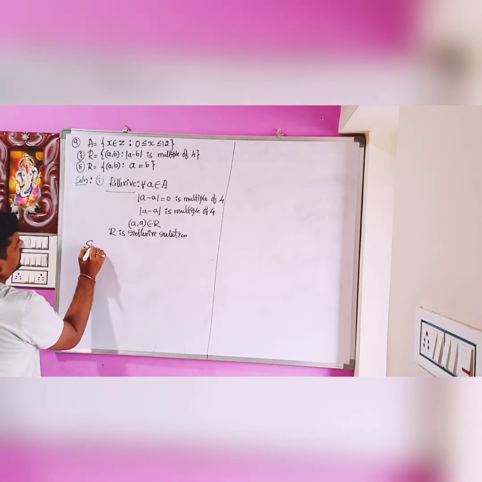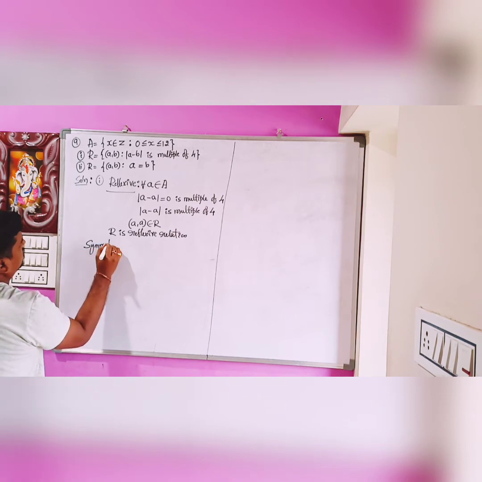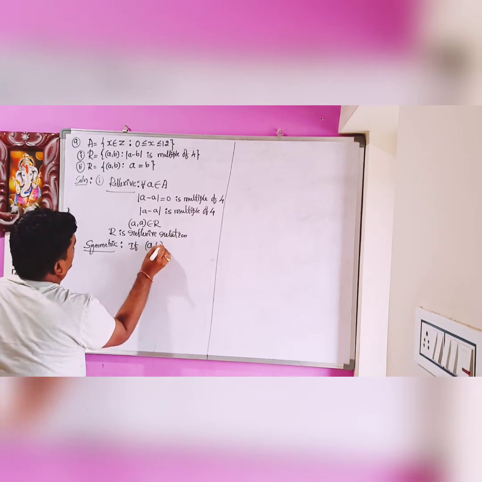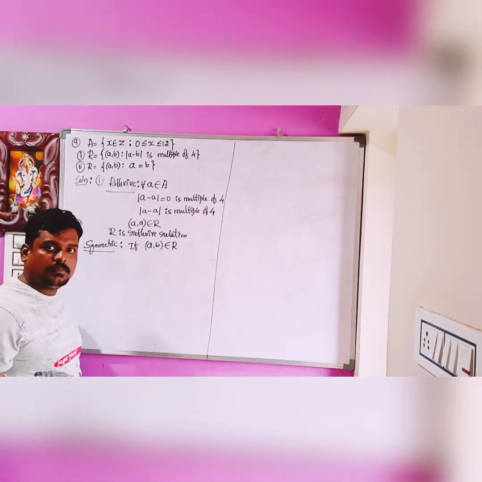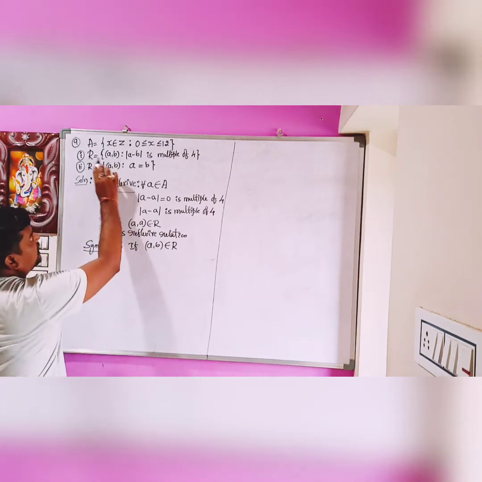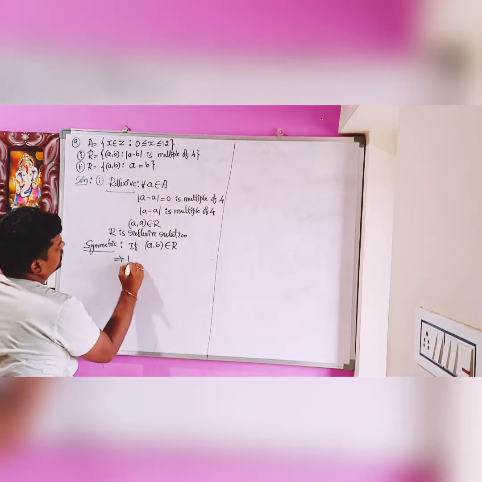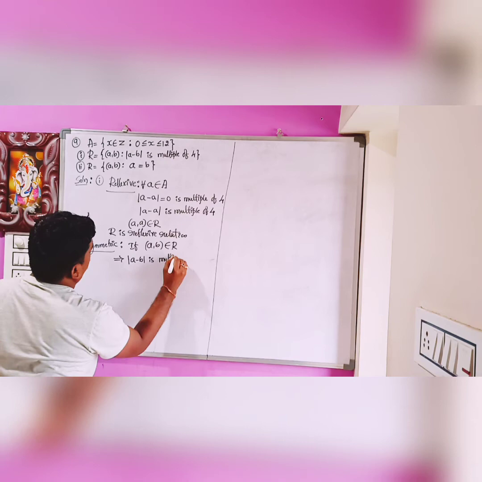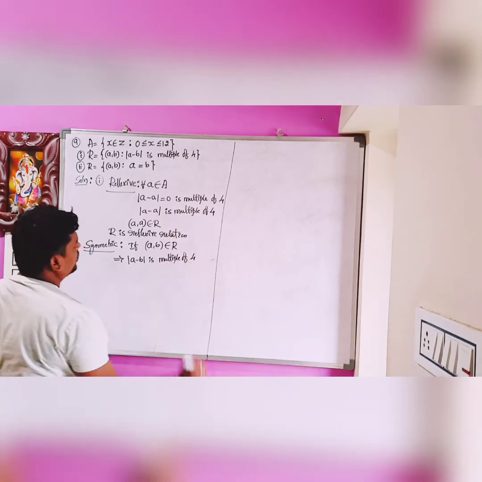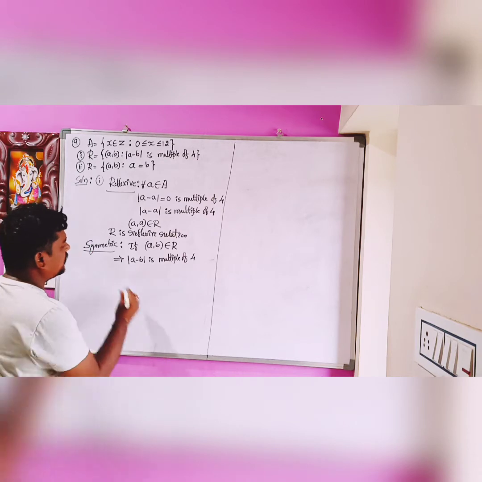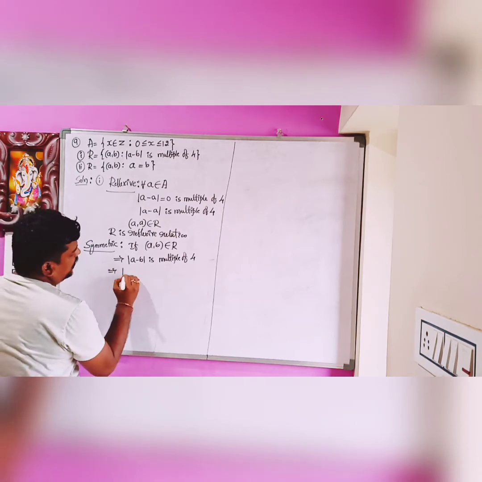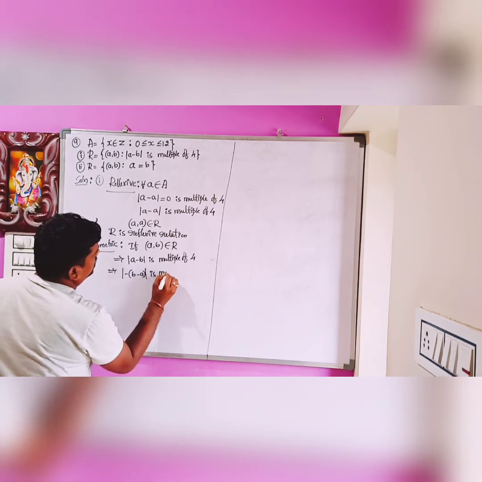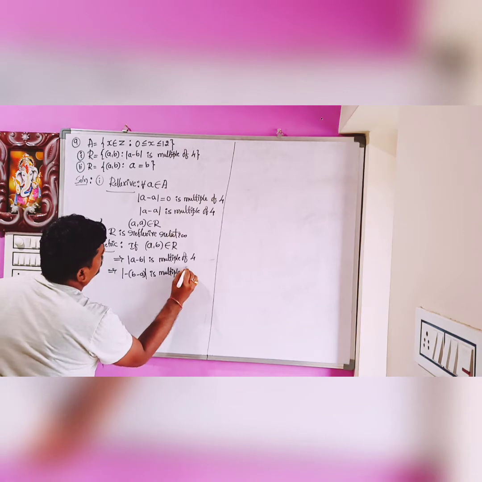Next, for symmetric. We consider if (a, b) belongs to R, implies mod(a minus b) is a multiple of 4. If mod(a minus b) is a multiple of 4, implies mod(b minus a) is a multiple of 4.